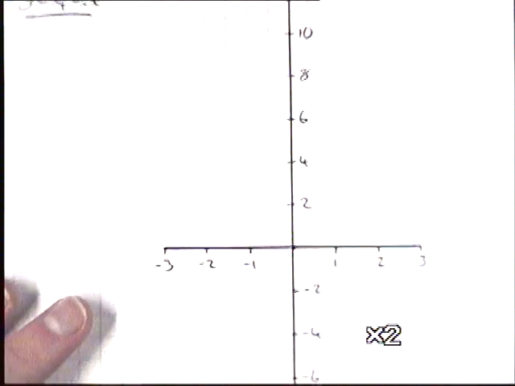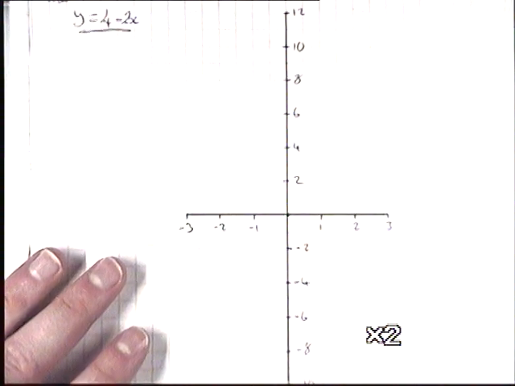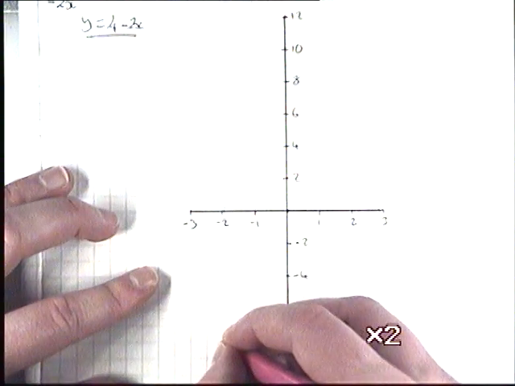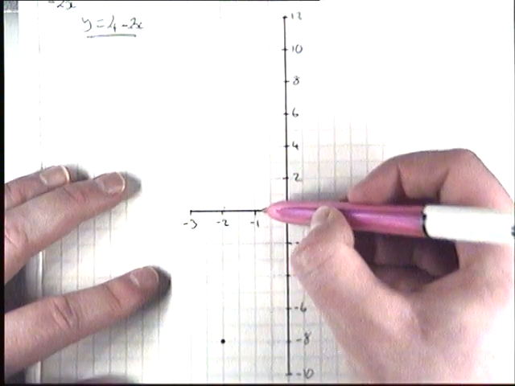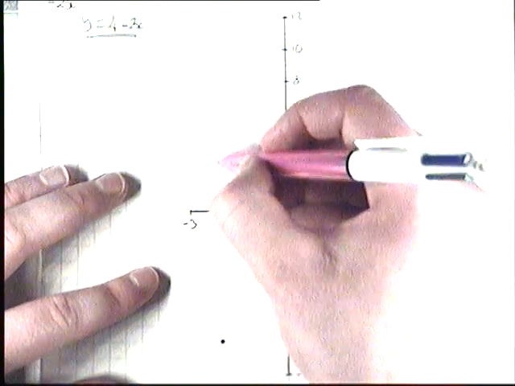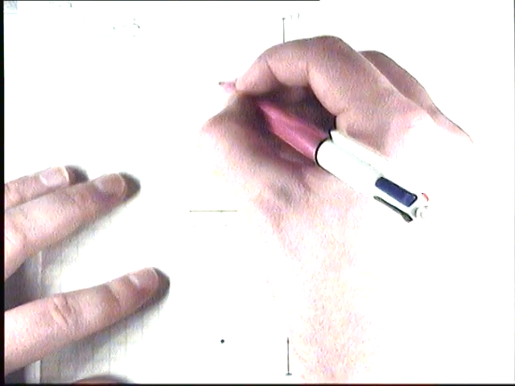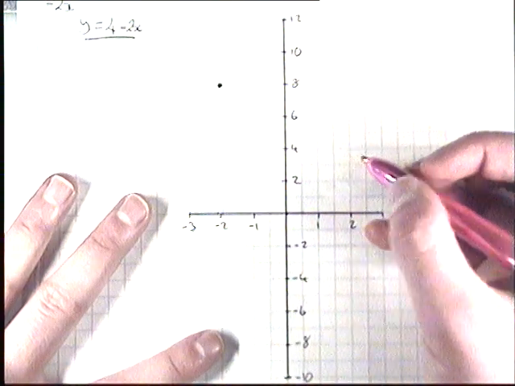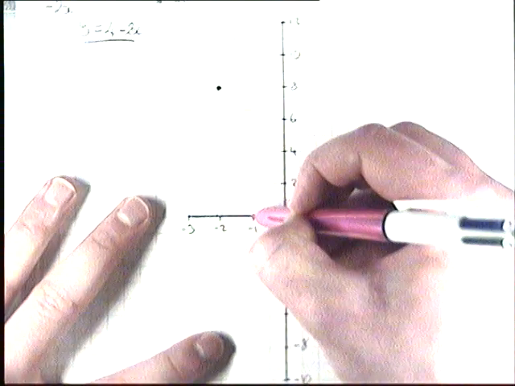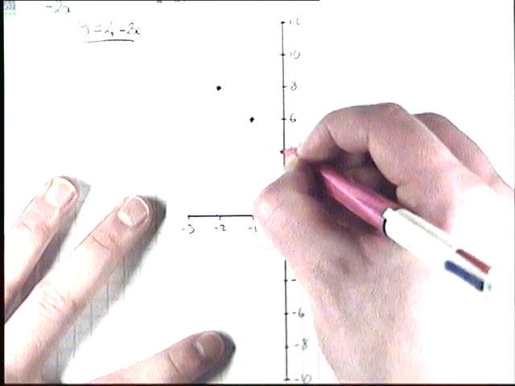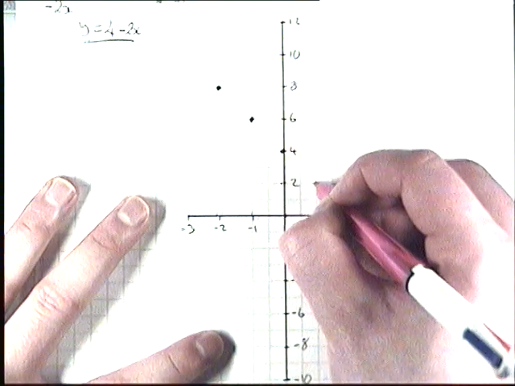I'm going to pop those onto our axes. We've got -2, 8 up here. And -1, 6. 0, 4. 1, 2.